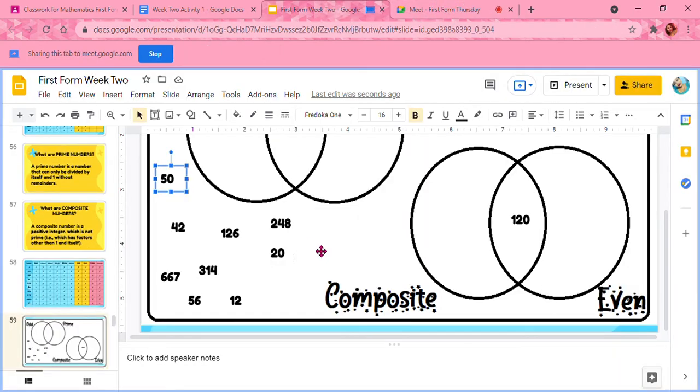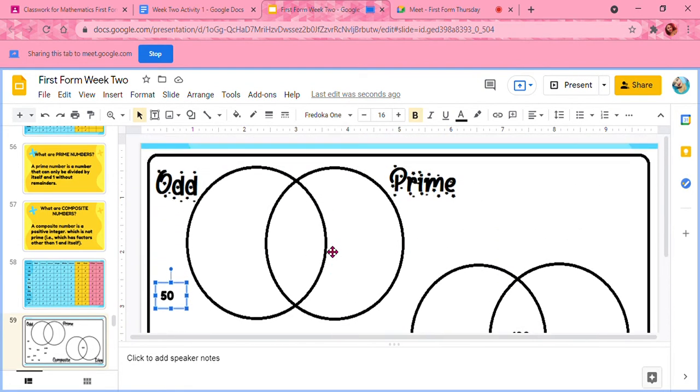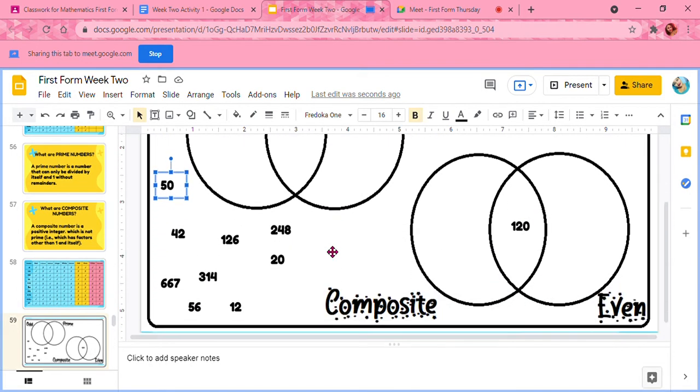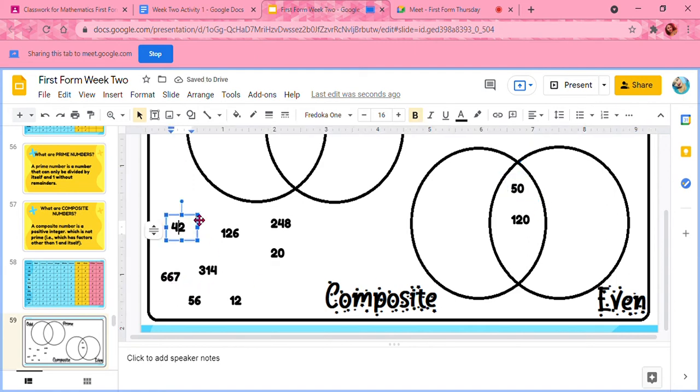Is it another kind of number as well? Composite. So this is also composite and even. How about the number 42? Even. Is it something else as well?